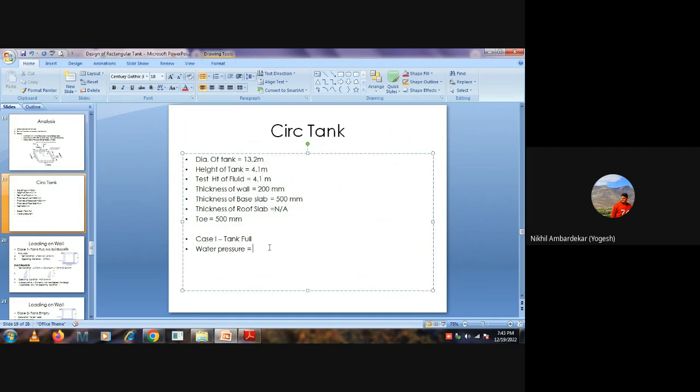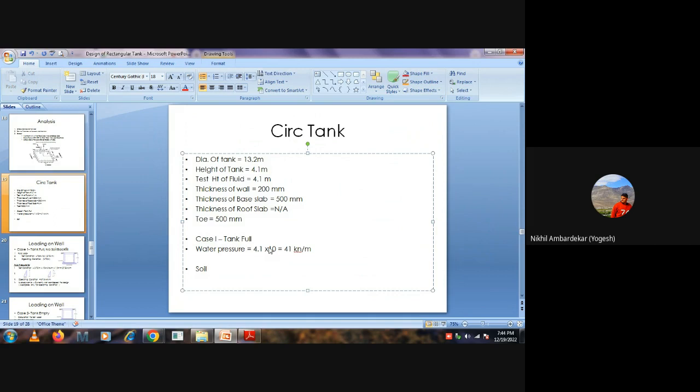Now, tell me someone, what will be the water pressure for 4.1 meter of water height? How much will the water pressure be? It will be 41. 4.1 into 10, that is 41 kilonewton per meter, in triangular shape.